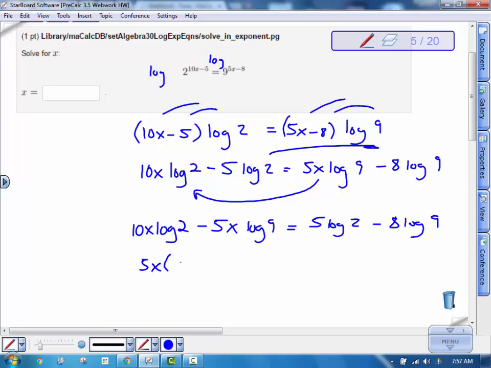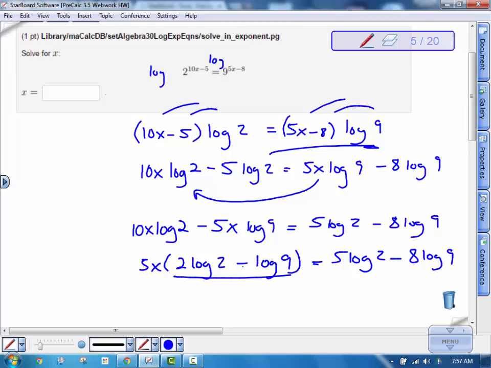So I'll pull out 5x actually, and that'll leave me with 2 log 2 minus log 9 equals 5 log 2 minus 8 log 9. And then divide by this number, 5 actually, times 2 log 2 minus log 9.